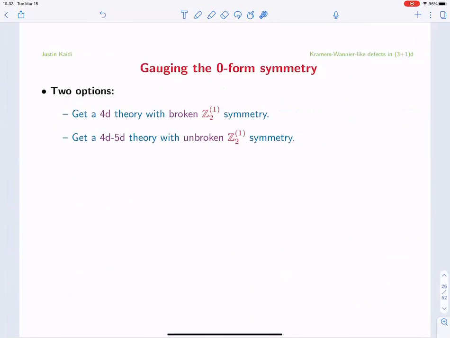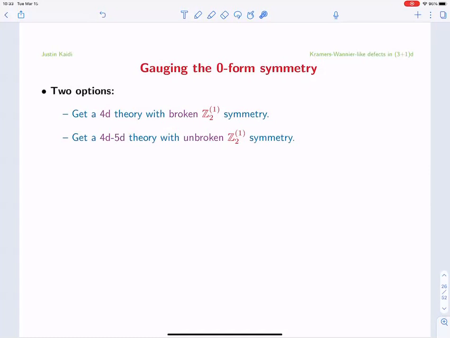Well, naively, there are two options. The first option, which we're probably most familiar with, is that I can get a 4D theory with the Z2 one-form symmetry being broken. I get a sort of ABJ-type anomaly which kills the Z2 one-form symmetry. That's probably the most standard interpretation.